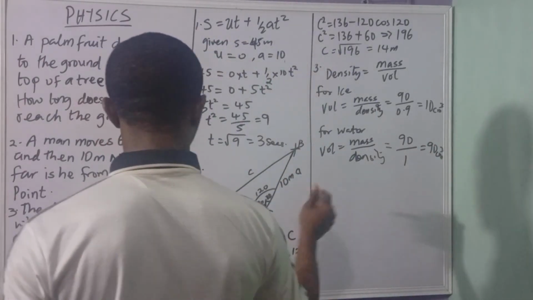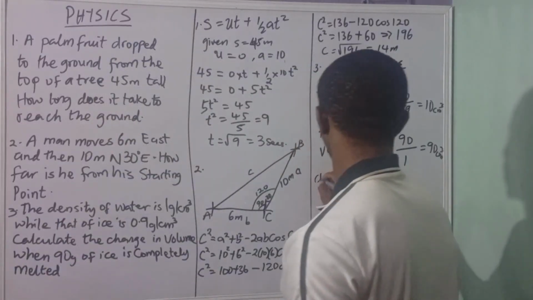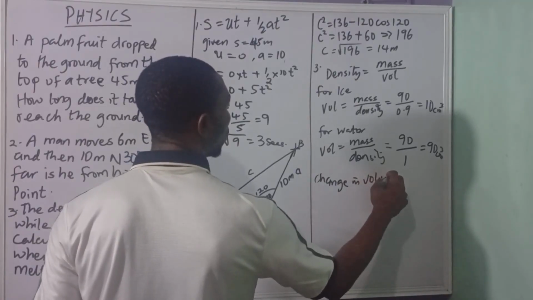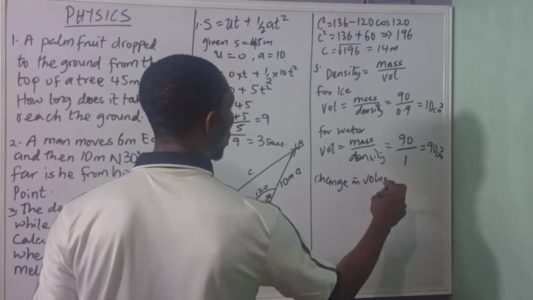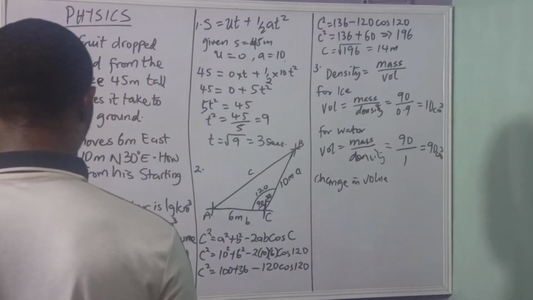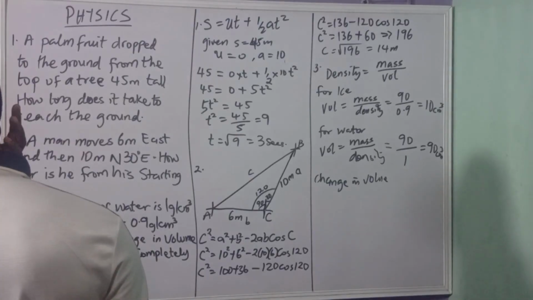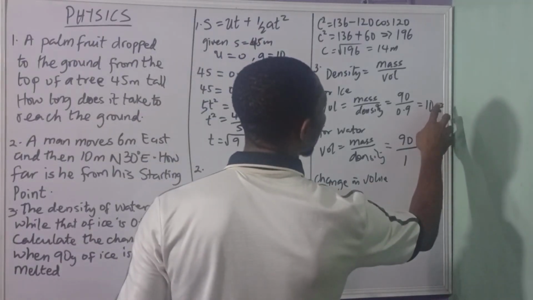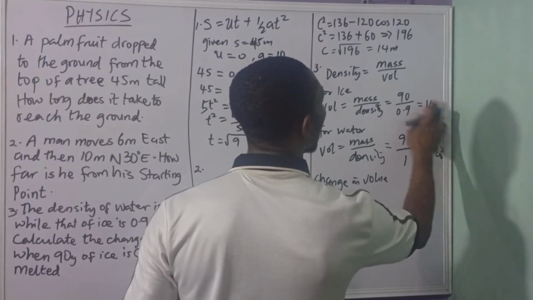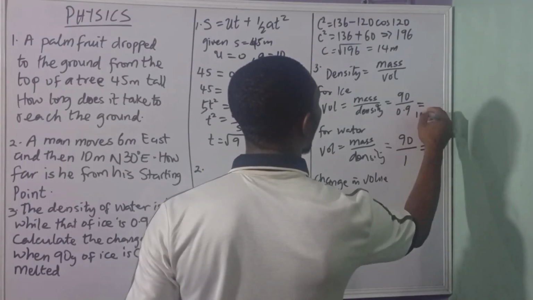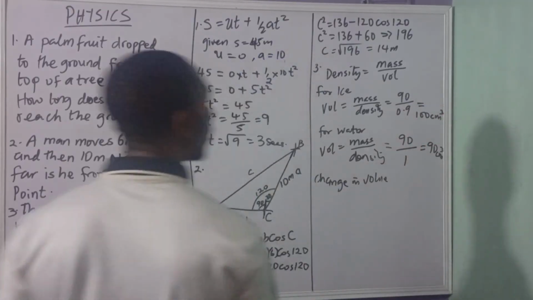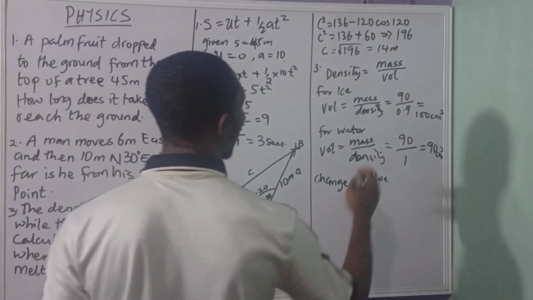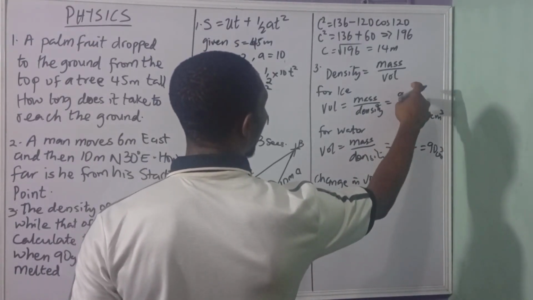Now to find the change in volume, sorry, the volume of ice should be 100 cm cube. Our change in volume, because this should be 0.9.